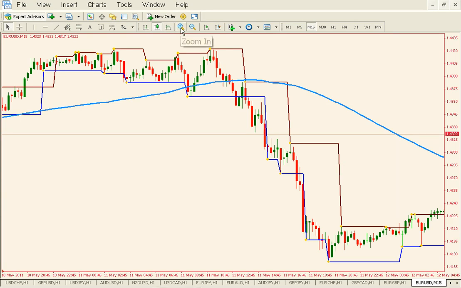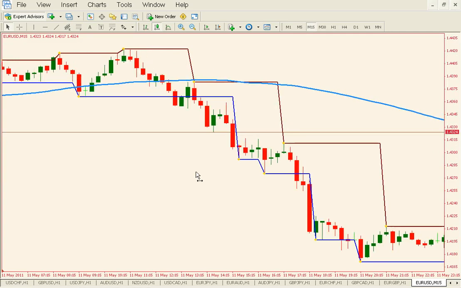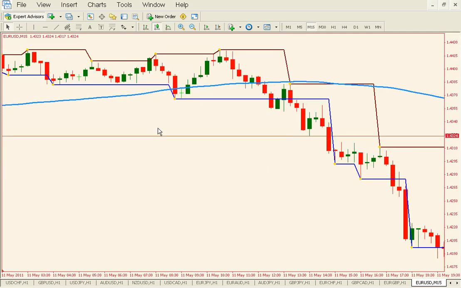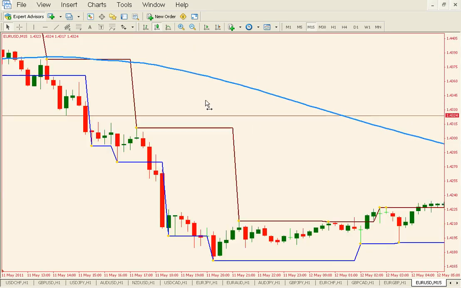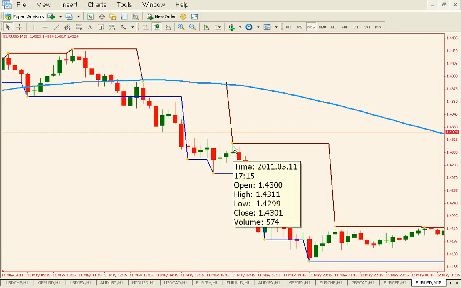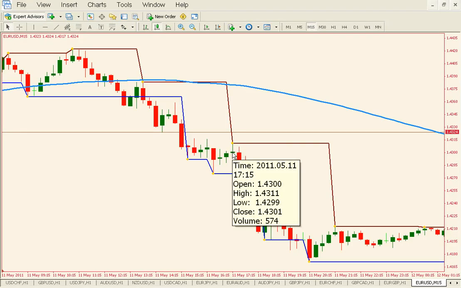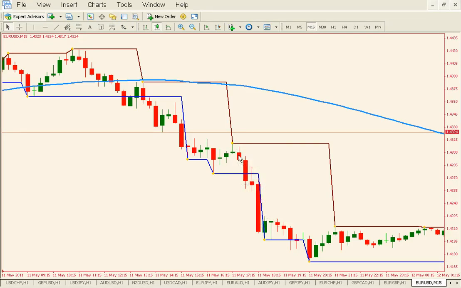Okay, let me show you here. The fractal is right here, just to show you, a fractal is not going to be made after this bar. After this candle is made, the fractal won't be made until after this candle closes.